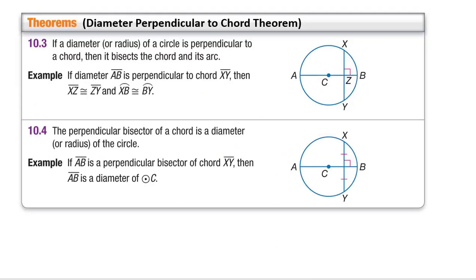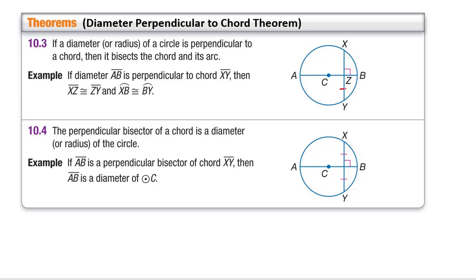Next, when we have a diameter perpendicular to a chord. If a diameter of a circle is perpendicular to a chord, then it bisects the chord and the arc. Meaning that I have diameter AB perpendicular to chord XY.